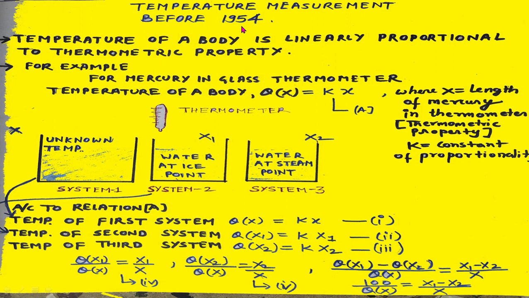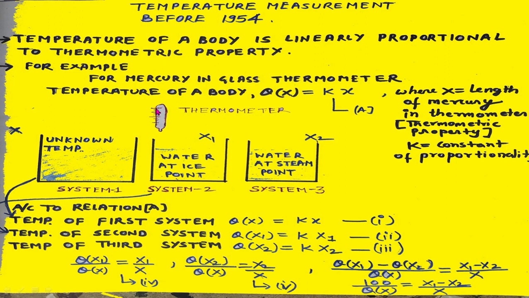Now friends, we all know that temperature of any body varies linearly, note it down, linearly with thermodynamic property. For example, in case of a mercury in glass thermometer, as the temperature increases, the level of mercury in the thermometer rises.